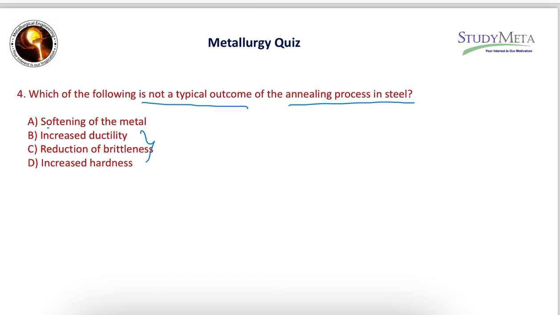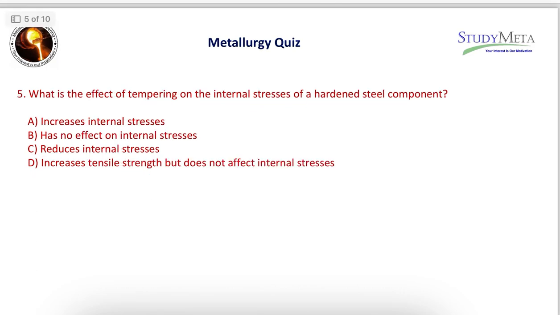The fourth option is increased hardness, so this is wrong. So basically the D option is correct here. This is not the outcome of the annealing process in steel. We usually do annealing to soften the steel or metal, to increase the ductility, to reduce the brittleness.